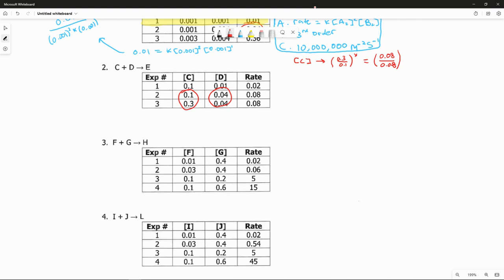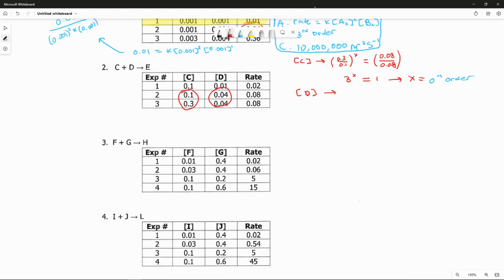All right. So all we got to do is divide this and you get 3 to the x, and divide this and you get 1. So we know that x is going to be equal to 0. Yep, 0th order. Next, D. Let's write that in a different color actually. 0th order.